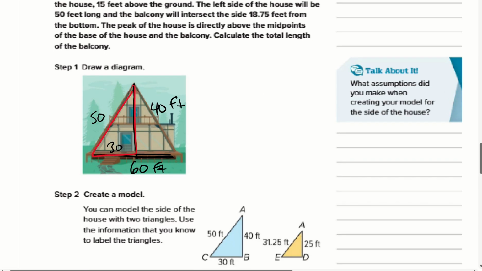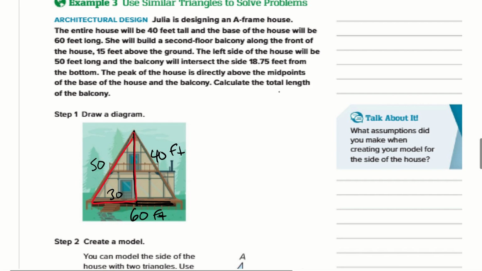Okay. And then it says the balcony would intersect the side 18.75 feet from the bottom. So that means that this balcony intersects where this right here is 18.75 feet.